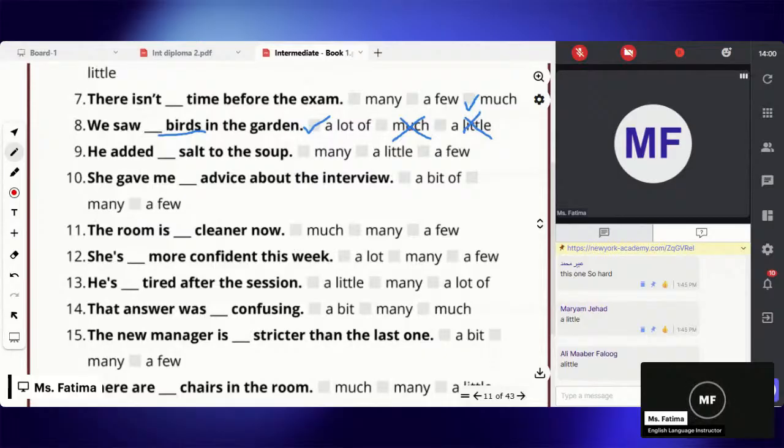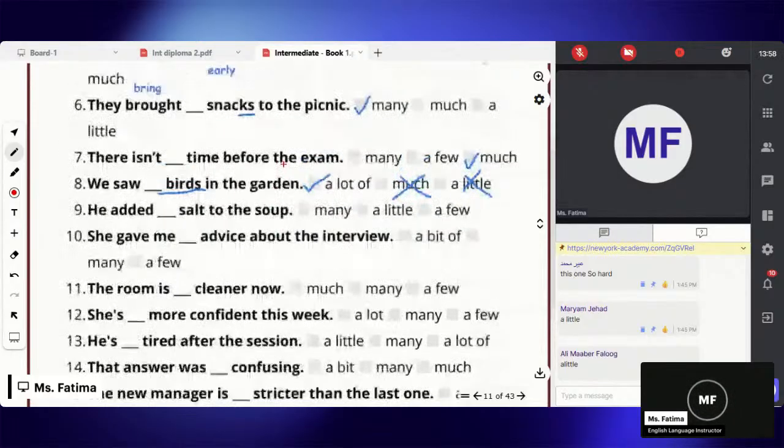Sorry. Many, we use it with the countable noun. Few, we use it with the countable noun. That means what? Salt, we say a little salt, because little we use with the uncountable to show a small difference. All right? So we say, he added a little salt. Yes, excellent. You did it.